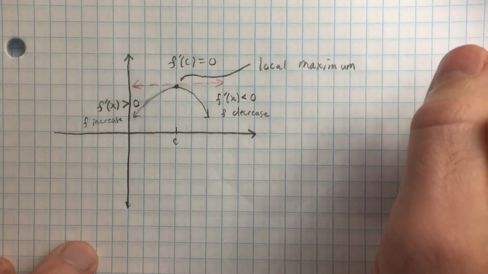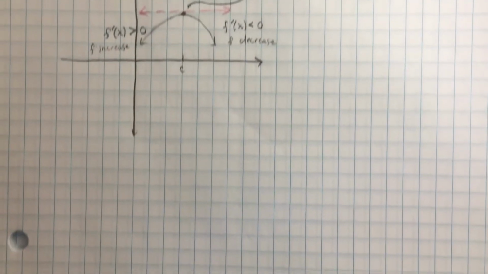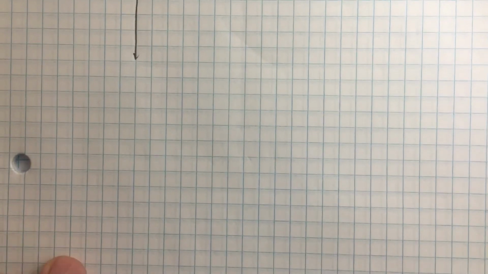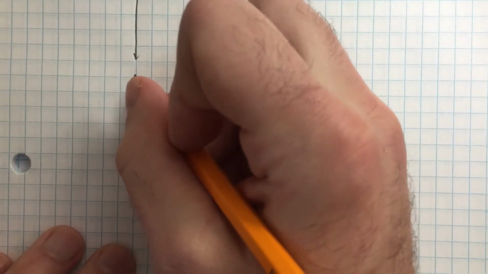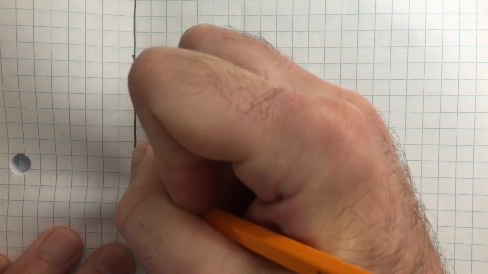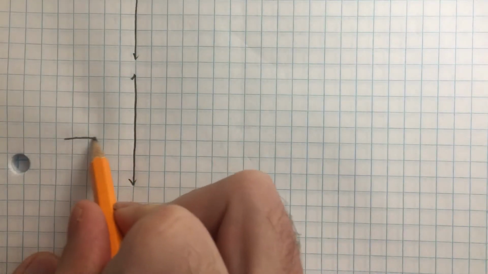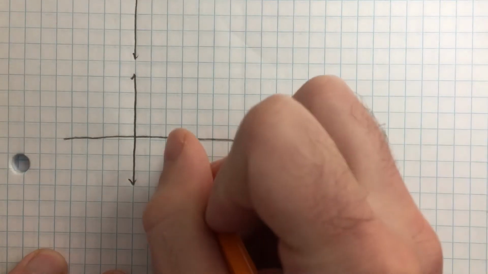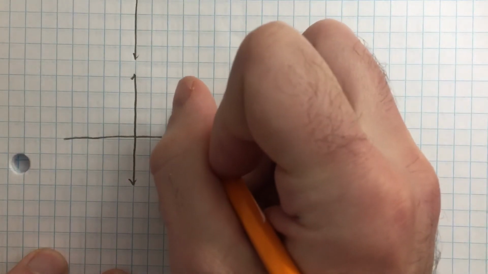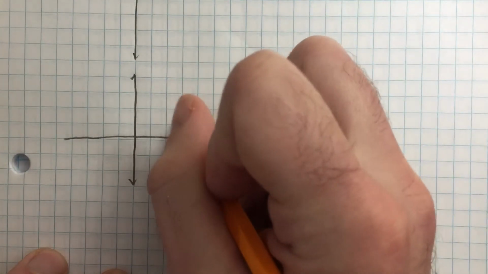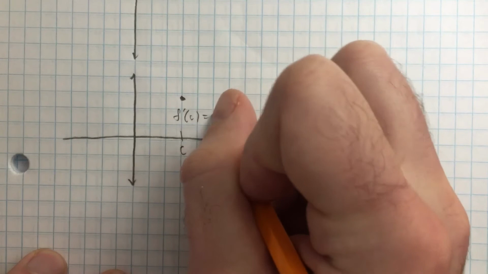Okay. So you can play the same sort of game again with the opposite result. You had a location C, there it is, and you knew that f prime of C was 0.